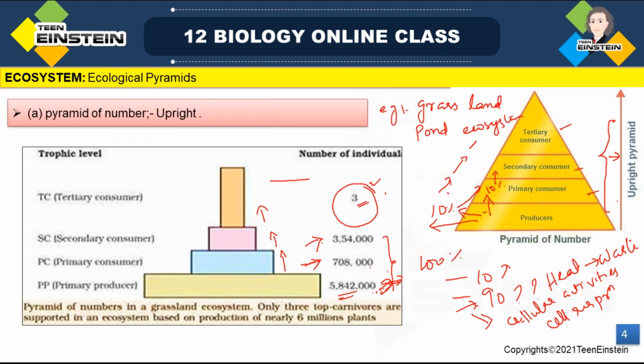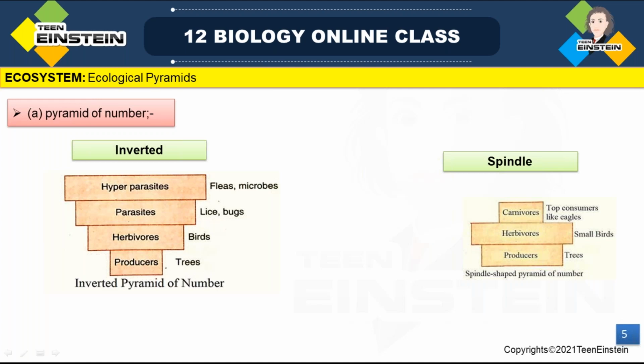In this pyramid of numbers, we can see different types. Upright pyramid is the first type; the examples for upright pyramid are grassland and pond ecosystems. The next type is inverted.